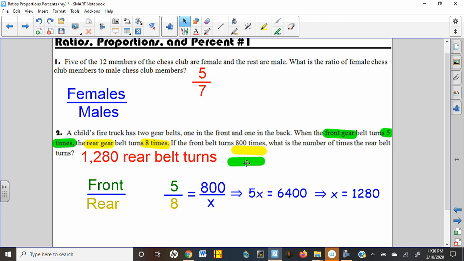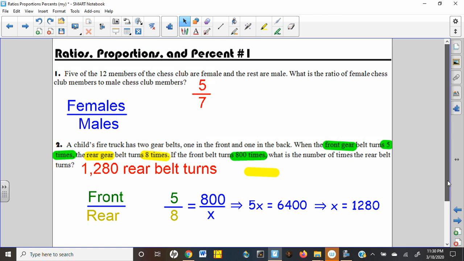But in this case, that's not what it is. It says it's the front, so it's not the yellow. It's actually the green. Once you set it up, cross multiplying and solving is pretty simple, but you've got to be careful that you're setting your ratios up in a proportion in a corresponding manner.